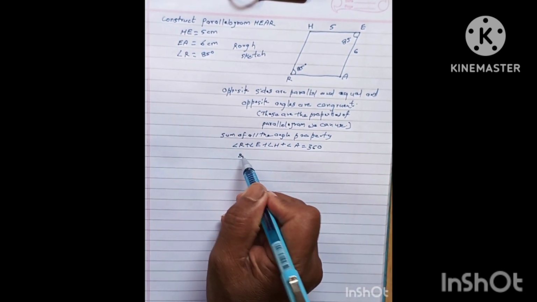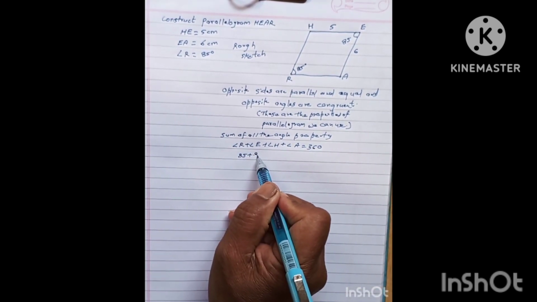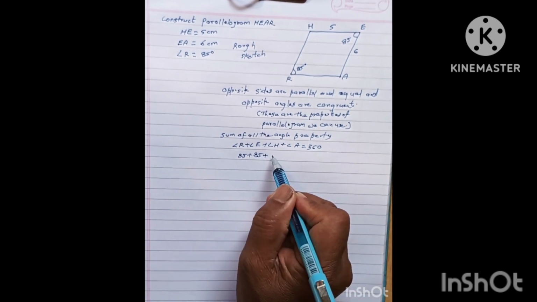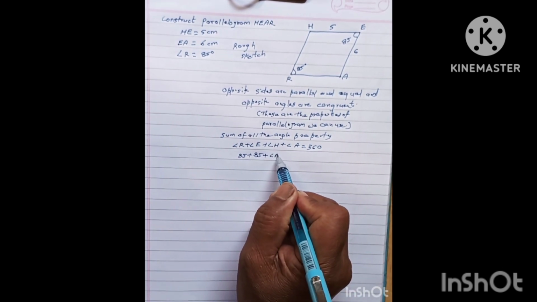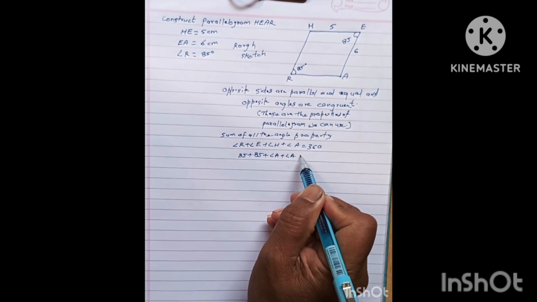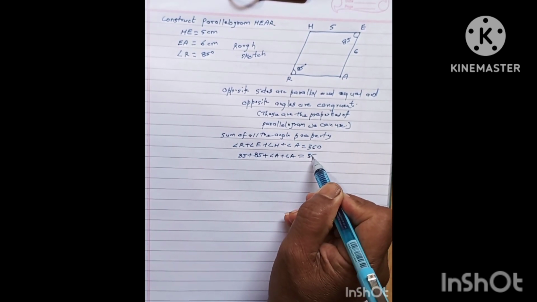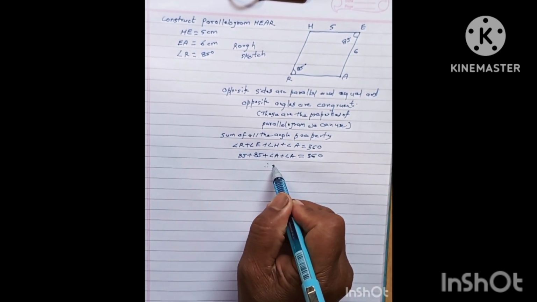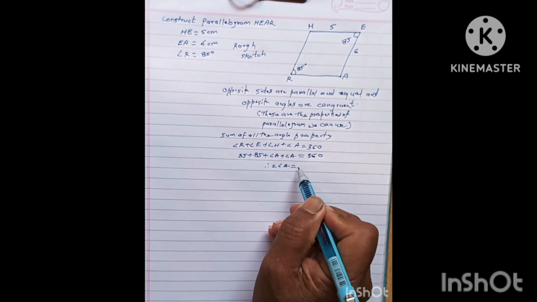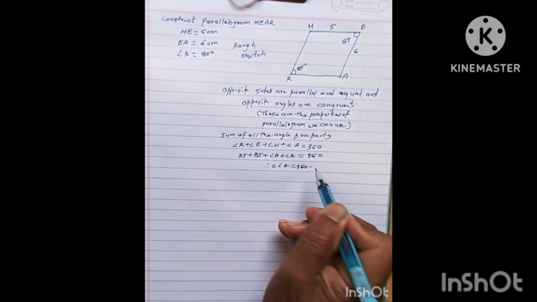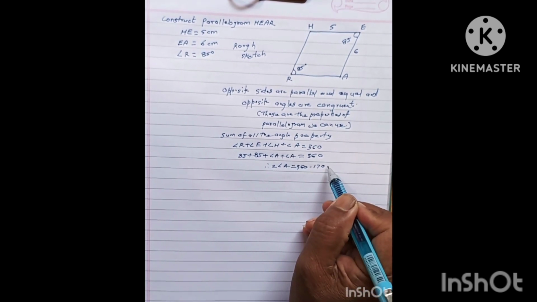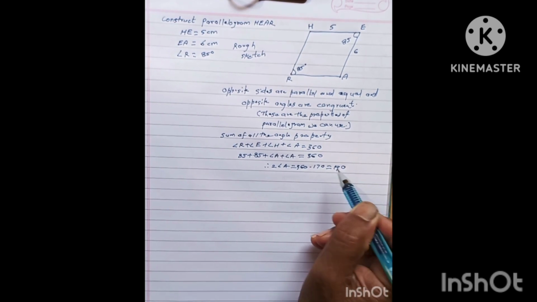So R is equal to E is 85 plus 85 plus angle H, which is the same as angle A because opposite angles are congruent. So angle A plus angle A is equal to 360. So 2 angle A is equal to 360 minus 170, that is equal to 190.